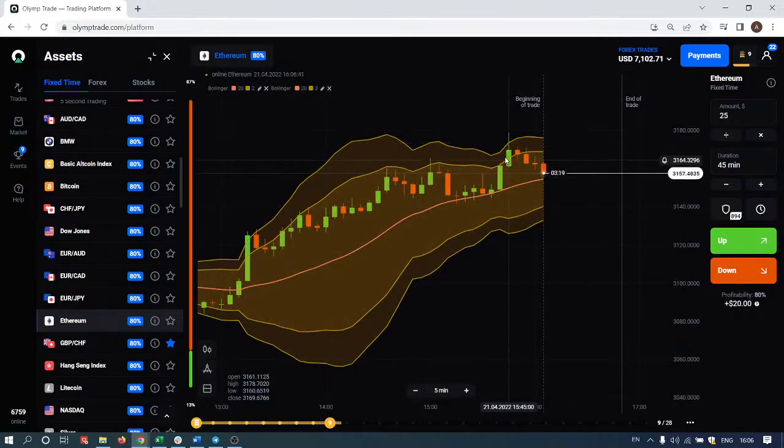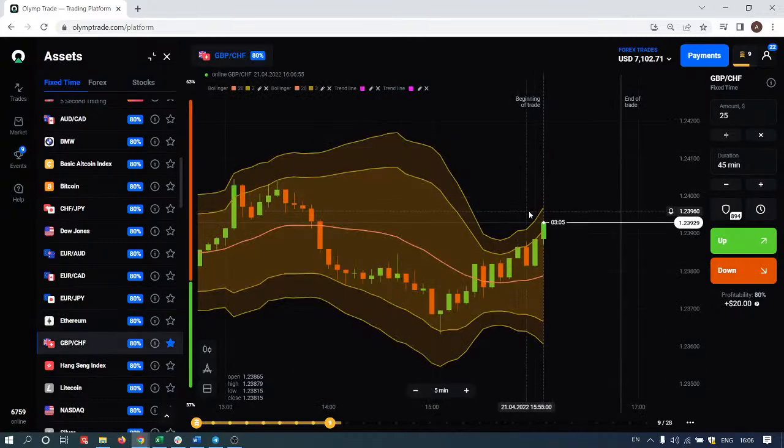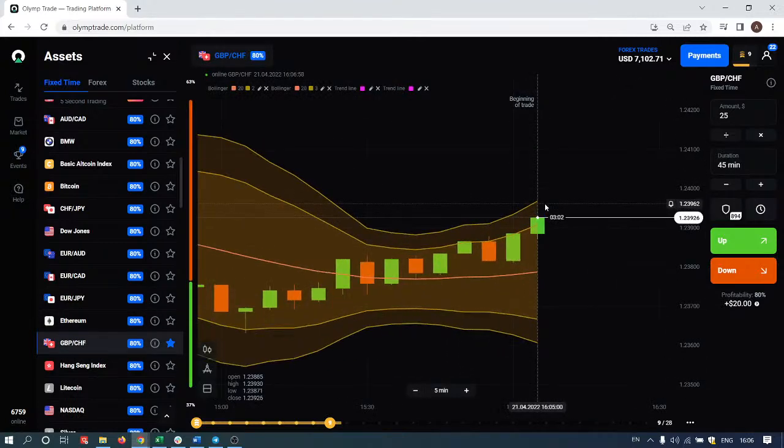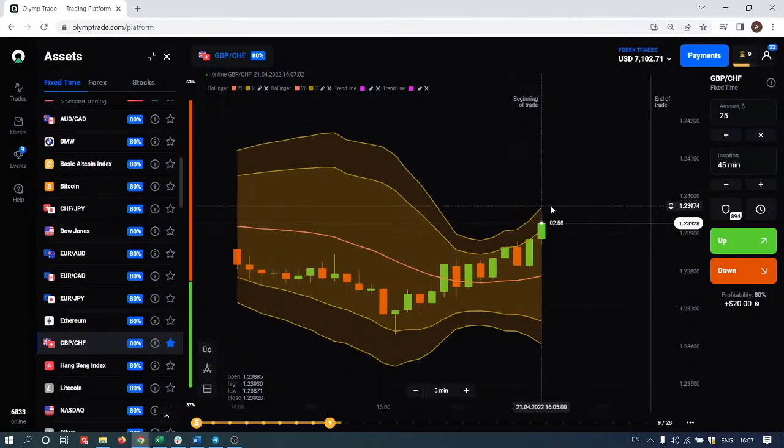Like this one: we have the first confirmation, but that would have been a losing trade if you opened a trade here in the downwards direction. But when you open it from the second one, that's a winning trade.